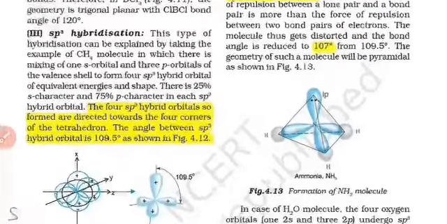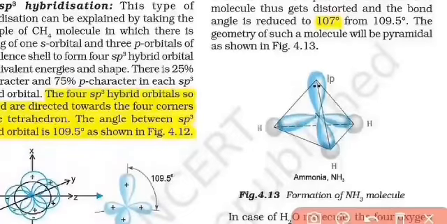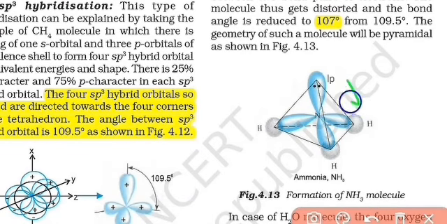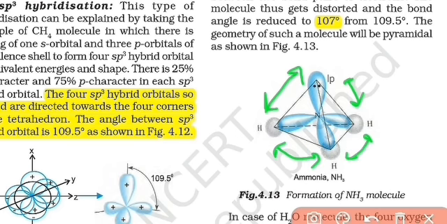According to this theory, as we have discussed, every electron pair repels each other, and repulsion between lone pair and bond pair is more as compared to repulsion between bond pair and bond pair. These electrons are bond pairs, as these are making bonds, and this electron pair is called a lone pair, as it is written over here, LP.